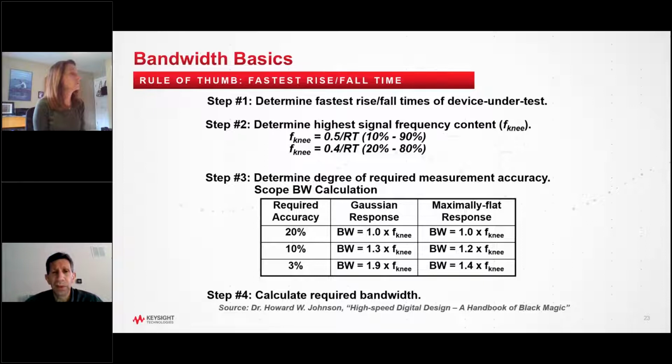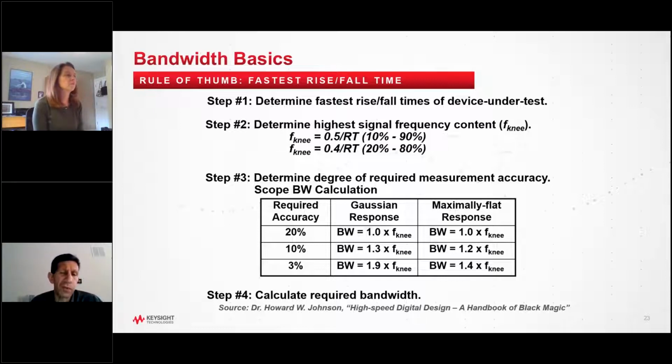So if you are trying to look at a digital signal or even an RF signal, and you need to know how much bandwidth you have, I mentioned just before that bandwidth can also be expressed as a rise and fall time. First step, determine the fastest rise and fall time of the device under test. From that, you can calculate the highest signal frequency content if you didn't already know it.